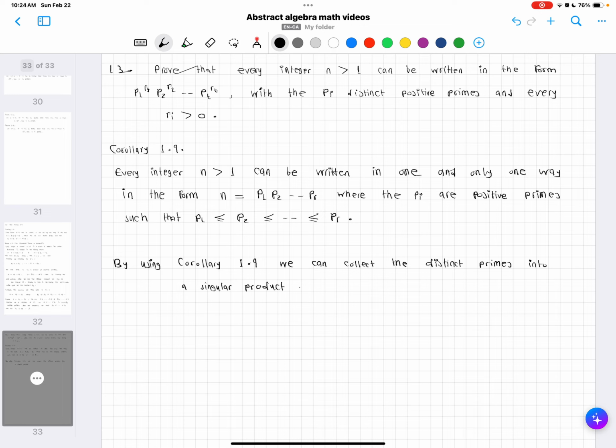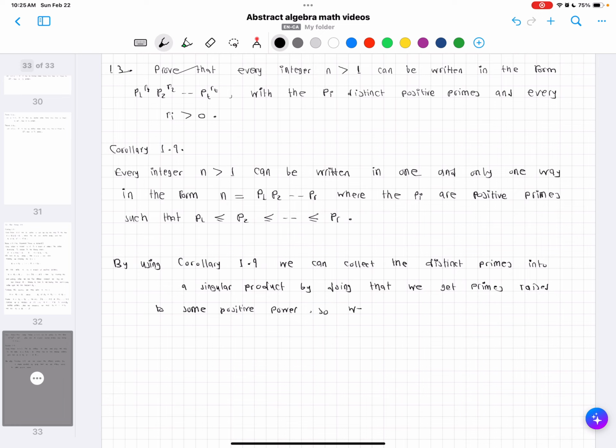By doing that, we get primes raised to some positive power.